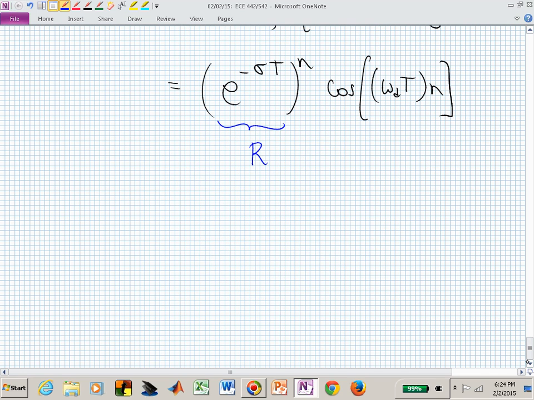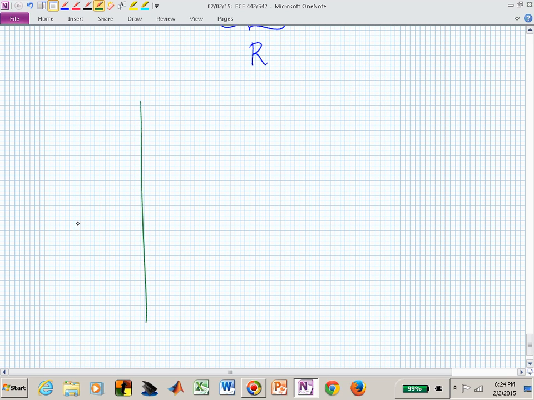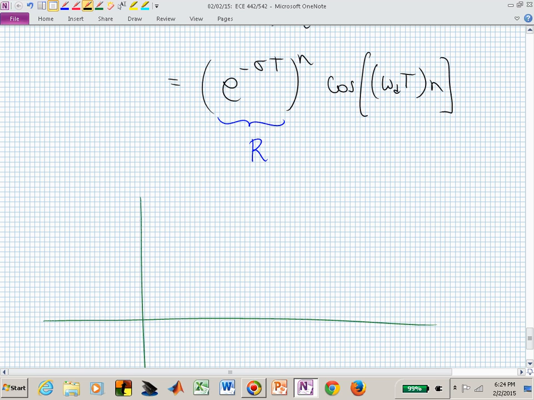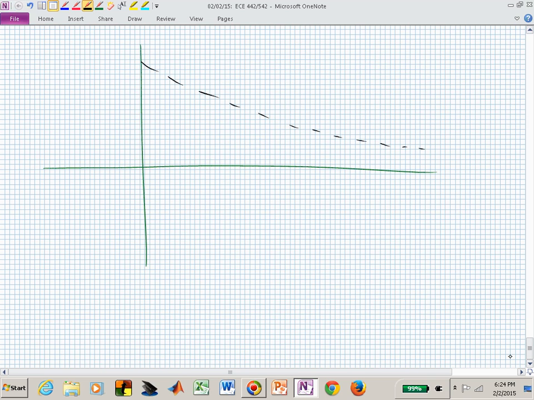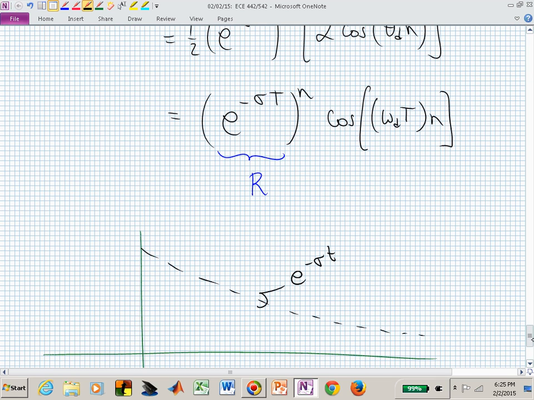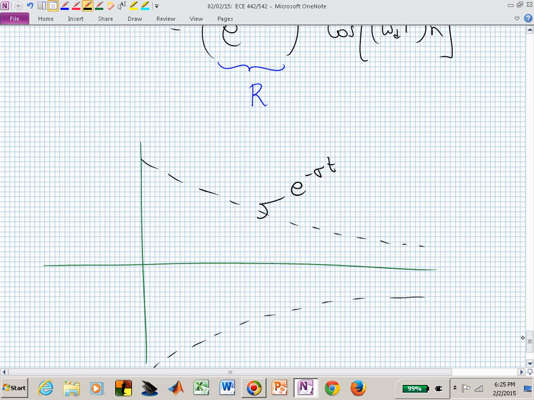Meaning, if I could draw this, we have this decay envelope that's e to the minus sigma t, and we have a cosine omega sub d t, which says now that we have a cosine waveform that's getting squished, squeezed by this exponential decay.